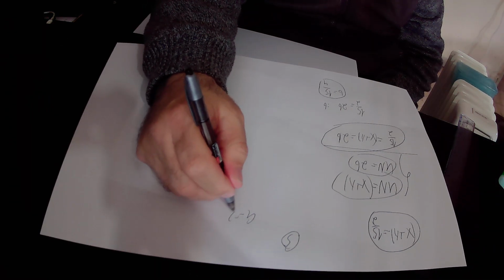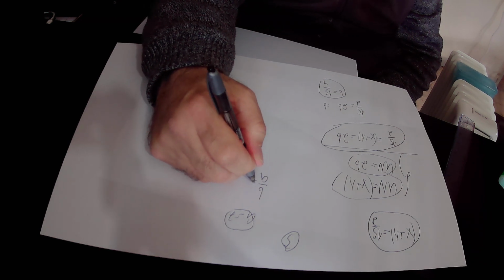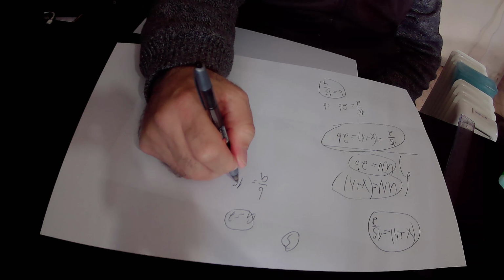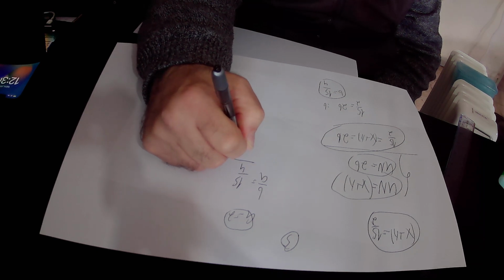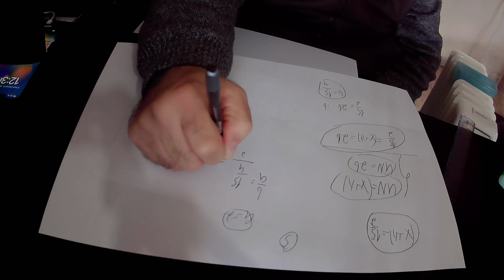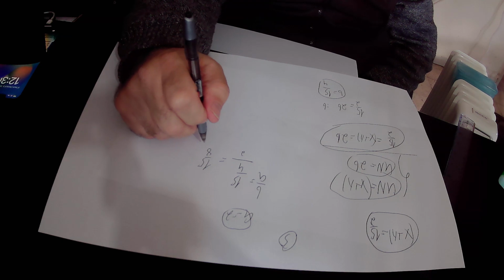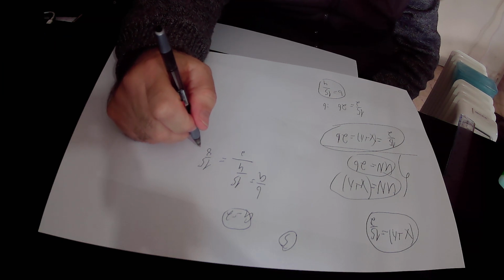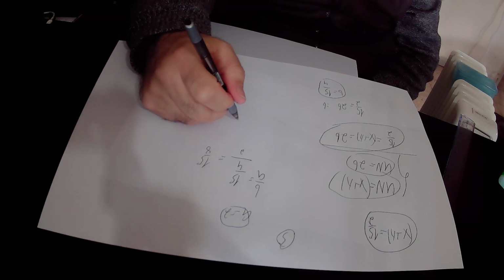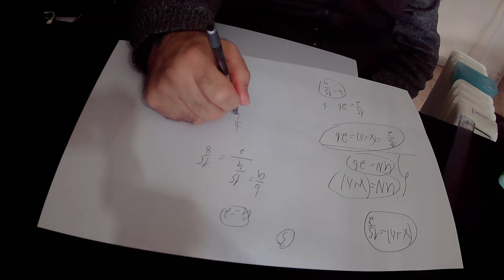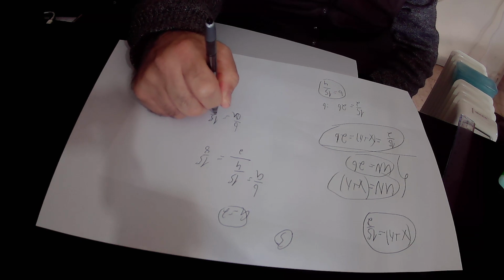A equals 2 units. So the ratio of b over a will be equal to b, that is 15 over 4, over a, that is 2. 15 over 4 over 2 is 15 over 8. So finally we found out that the ratio of b over a is equal to 15 over 8.